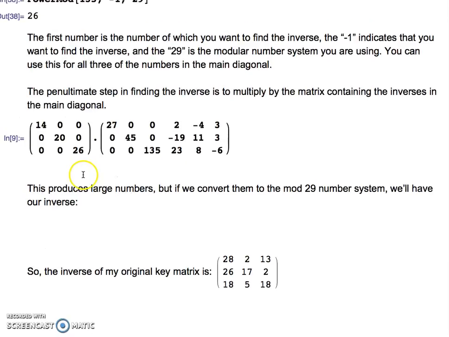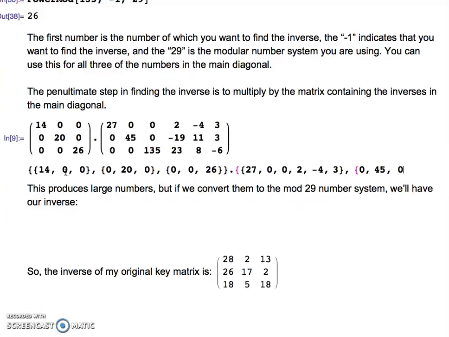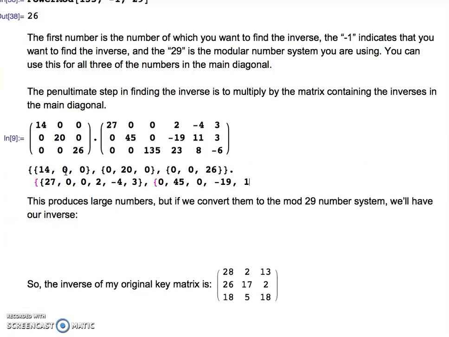So, as this final step, we can go ahead and actually multiply these. Now, I don't have this in my augmented matrix, so if I do this real quick, I can say {14, 0, 0}, {0, 20, 0}, and {0, 0, 26}, dot, and then my matrix here, {27, 0, 0}, {2, -4, etc. Now, normally I would have had this stored in my augmented variable, but I didn't set that up ahead of time, so I'm just doing it directly.